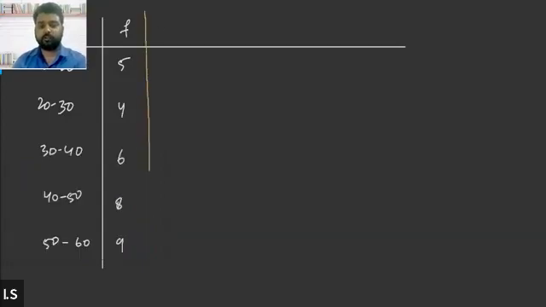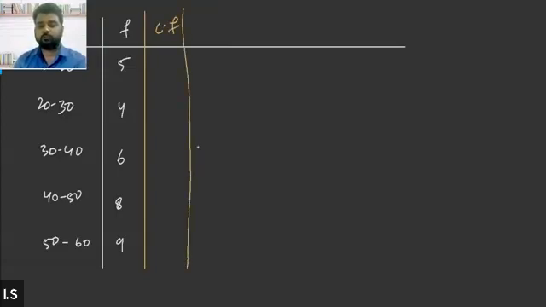We need to find out the cumulative frequency first, and after finding out the cumulative frequency, we will then find out the mid value of all the items. So why do we need to calculate the mid value?